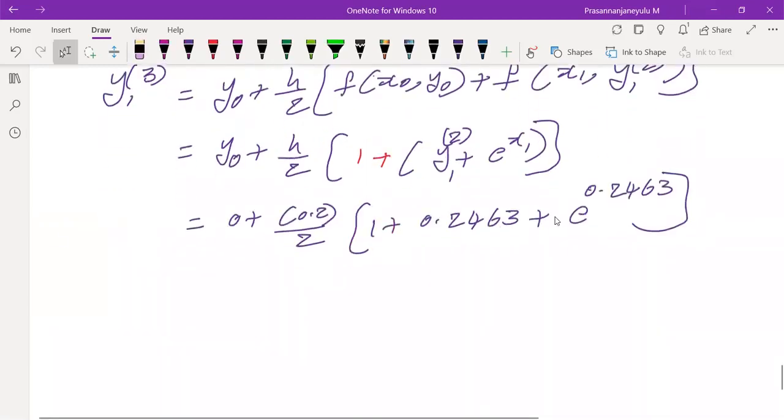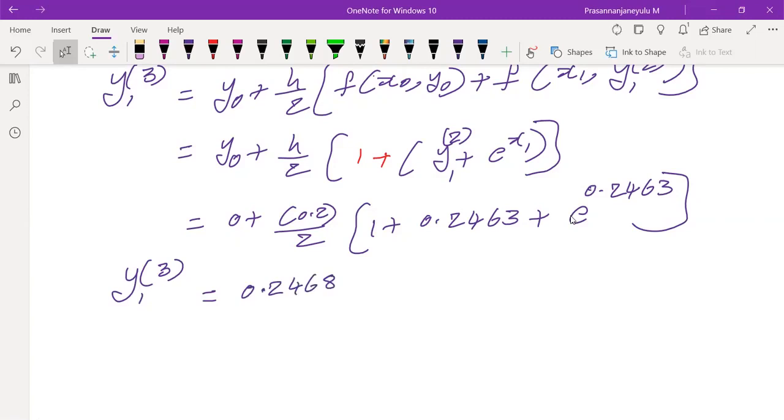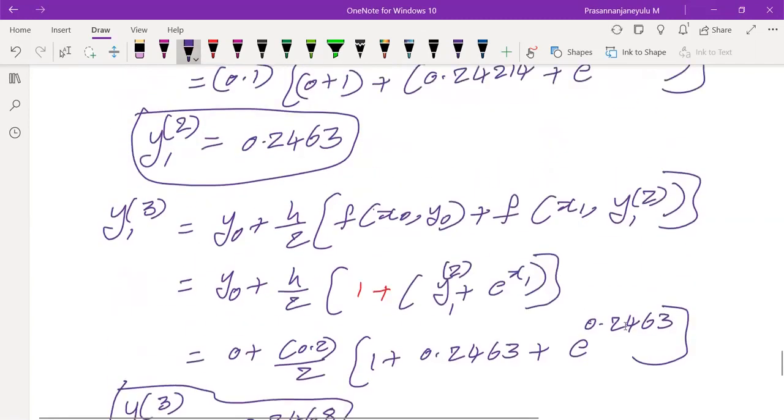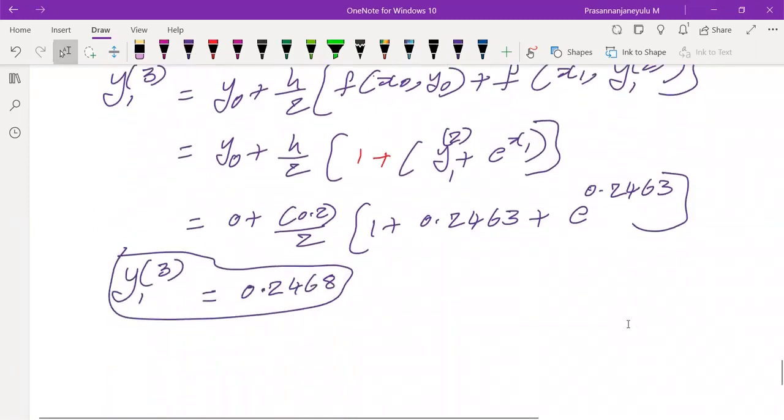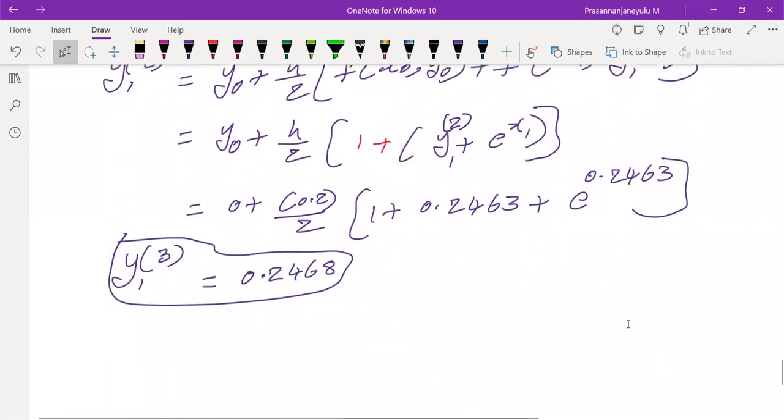If we do the simplification of this, then we are going to get the third approximation of y1. Use a calculator and find out the third approximation of y1 value. We get 0.2468. What we got in the second approximation of y1 value was 0.2463, but the third approximation of y1 is 0.2468.